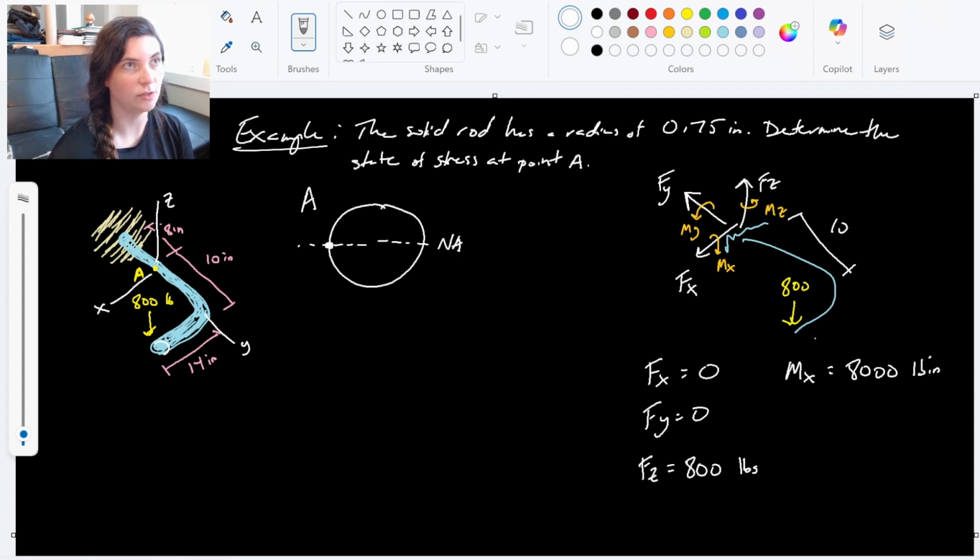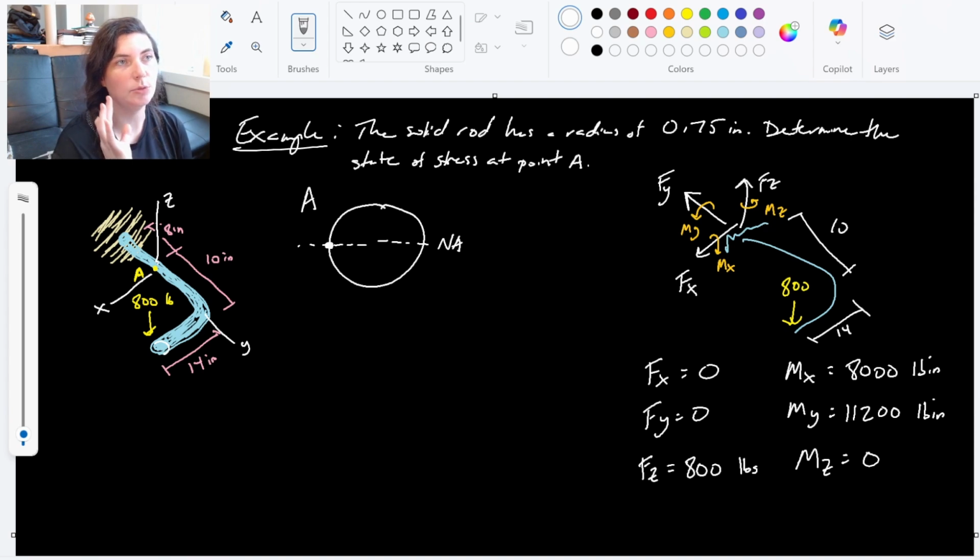And that's my distance from the y-axis to that z force again. This is 14. So the moment about y reaction that I'm getting is just counteracting this 800 pound force. So 800 times 14 gives me 11,200 pound inches. And then a moment about z, I can see I only have the one force. It's parallel to the z-axis, so there is no moment about z.